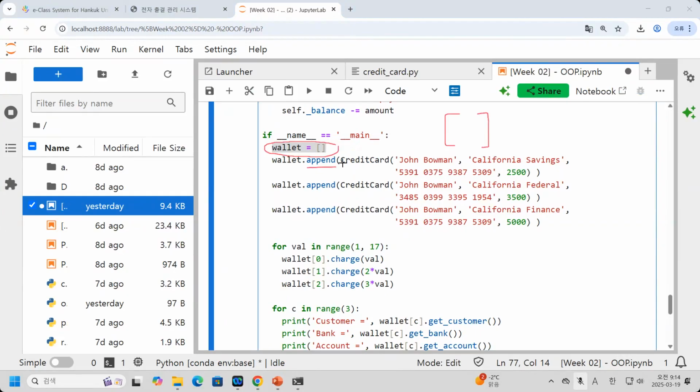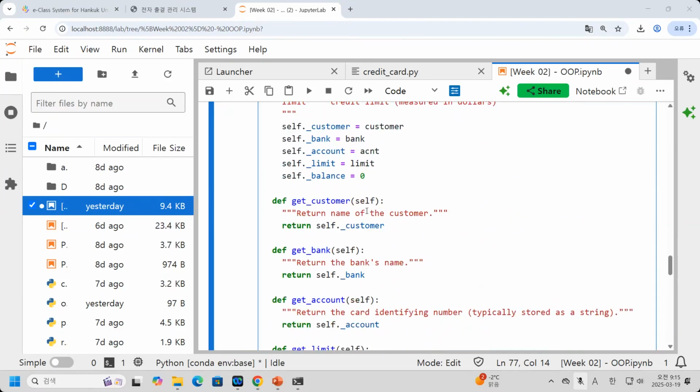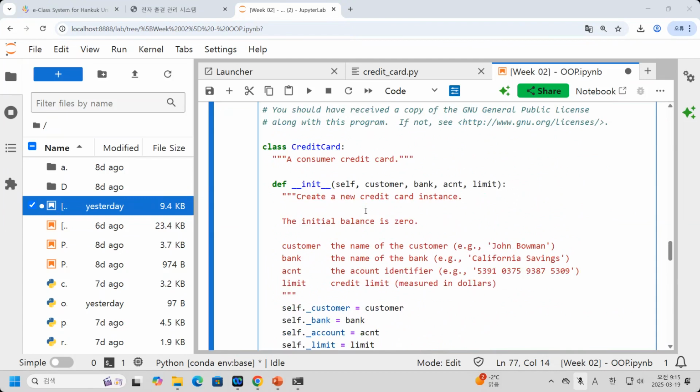So I have a new data. The new data is a new object. Credit card. Credit card is the class. Class credit card. Now you can see there are 4 data members. What are the data members? Customer, bank, account, limit.